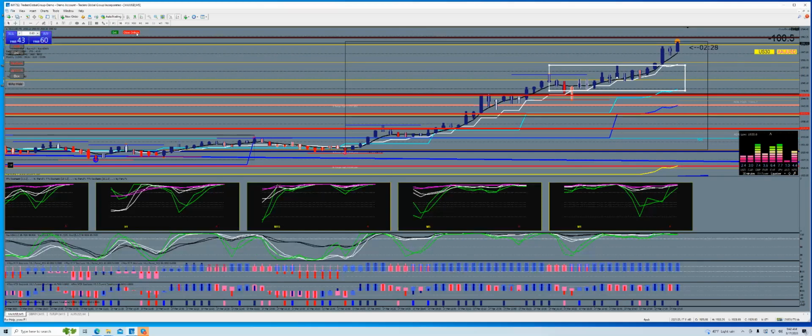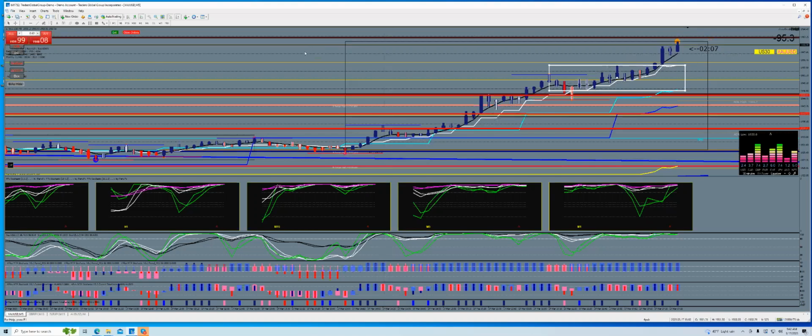Heavy bad boys. Okay, this thing don't move already. 300 and something pips already. It's just literally testing the high of the daily on the daily time frame.